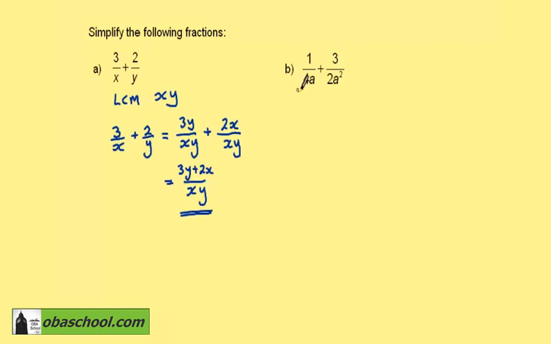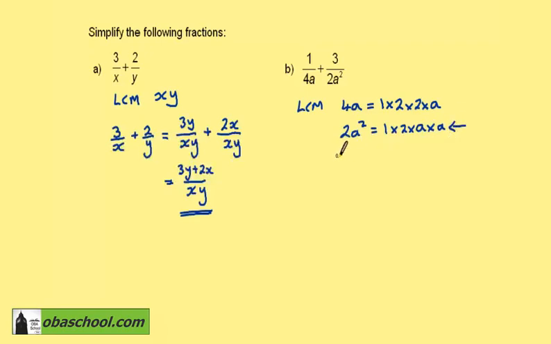For 1 over 4a plus 3 over 2a squared, I'm going to look for the last time at finding the lowest common multiple in detail. 4a is 1 times 2 times 2 times a. 2a squared is 1 times 2 times a times a.